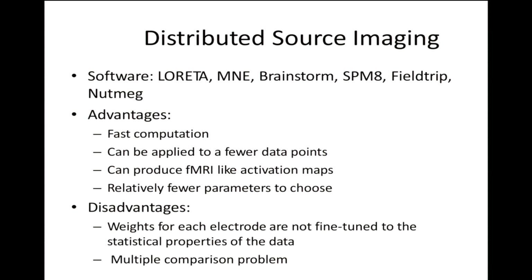Disadvantages: because you have so many voxels, you are not talking about a few dipoles anymore, you have 6,000 voxels. So naturally, if you remember in the morning we talked about the multiple comparison problem, you would have to be very careful about claiming significant activation.